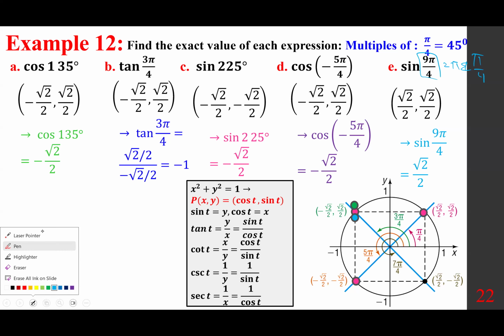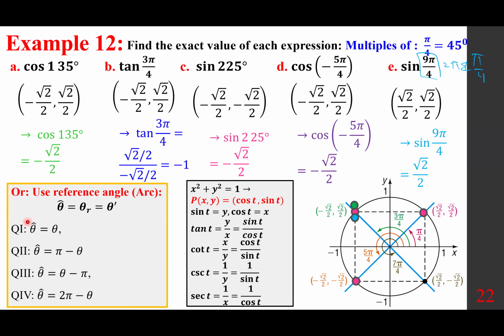What I want to add here is that what you do here is absolutely perfect. We use the reference arc, okay? Use reference angle or arc. They use theta hat, theta sub r, or theta prime. And that means pi over 4 for all of these, pi over 4 is the reference arc. If we are in the first quadrant, reference arc and theta are the same.